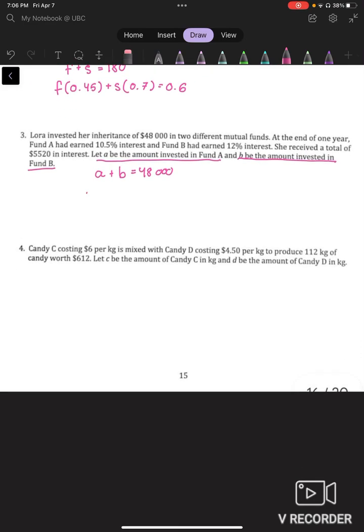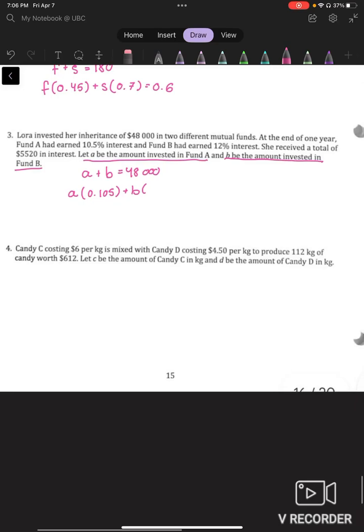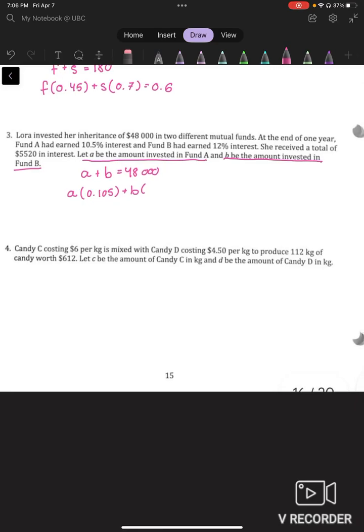So I'll say A times 10.5%, or 0.105, plus B times 12%, so 0.12, equals $5,520. So those are your two equations for that problem.